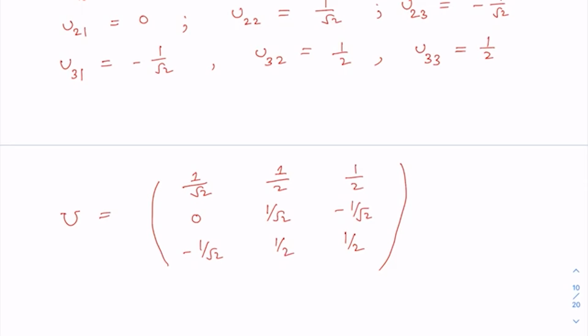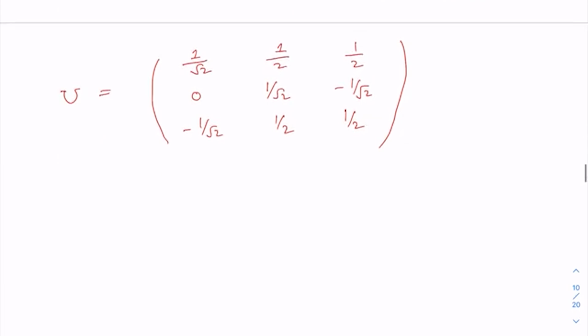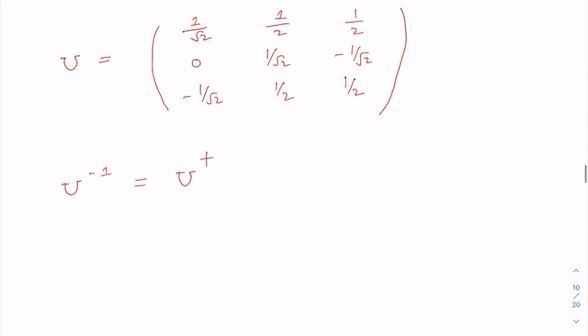Then finally you are asked to show that, adopting the same procedure as we did in problem 3, you can find out U inverse, and you can easily find out U dagger, that it would turn out to be equal to U inverse. I'm not going to do it, but it's simple multiplication. Then you can show that U U dagger will turn out to be an identity matrix, that is 1 0 0, 0 1 0, 0 0 1.